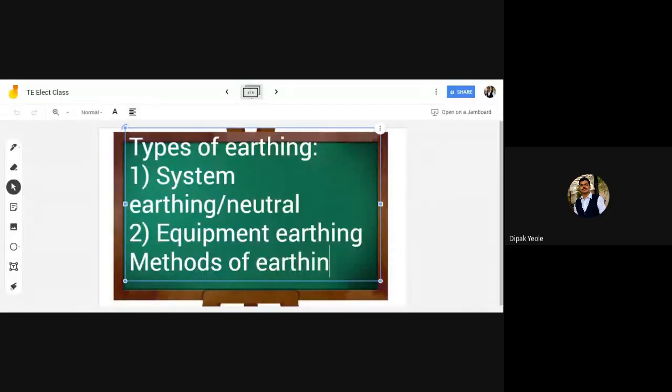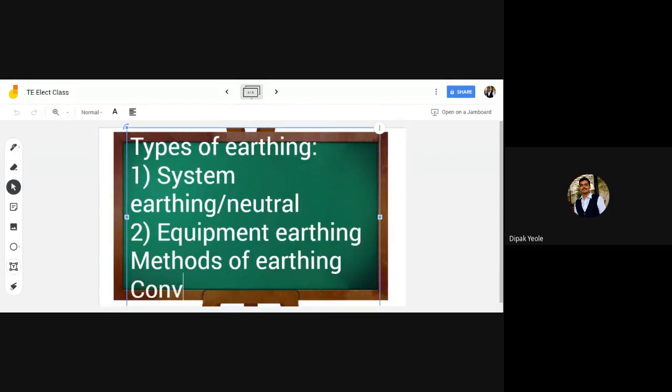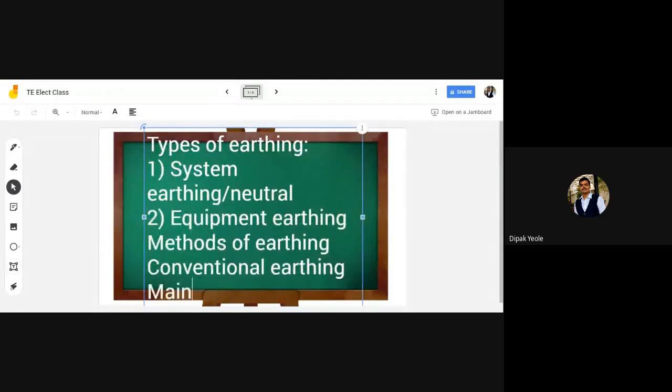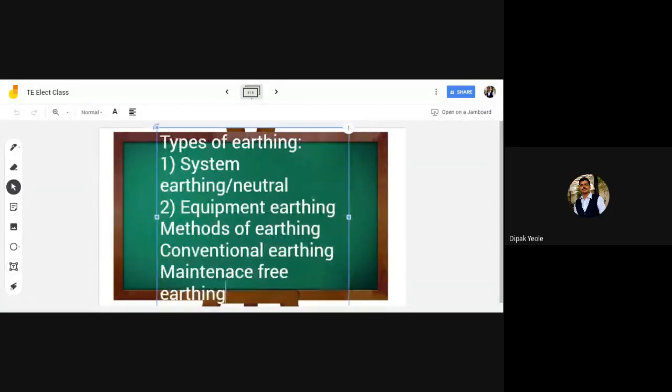After that, we have discussed the methods of earthing also. What are the methods of earthing? Basically there are two methods available. First is the conventional earthing, and second is the maintenance free earthing. These two methods we discussed in the last class.